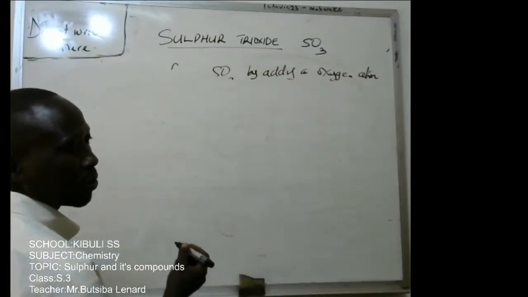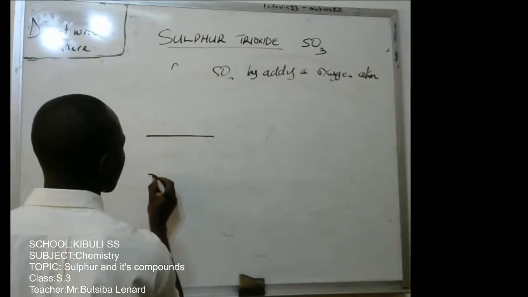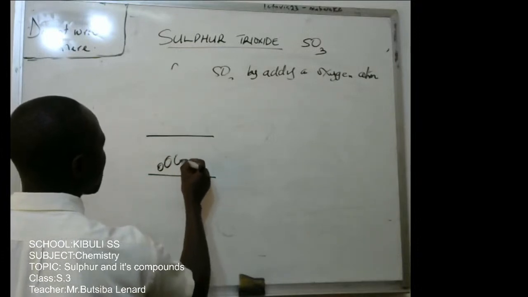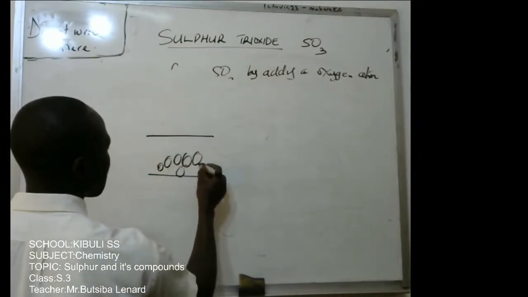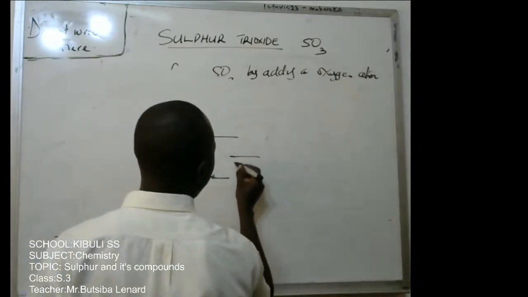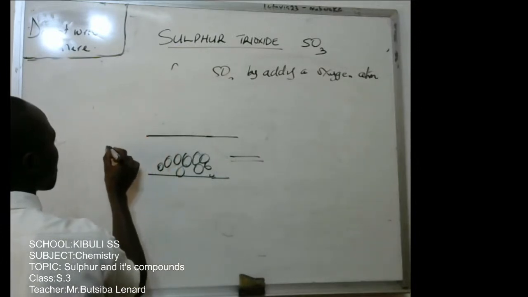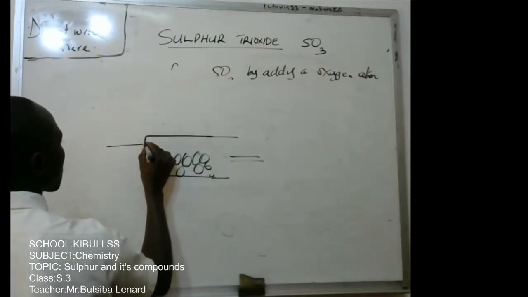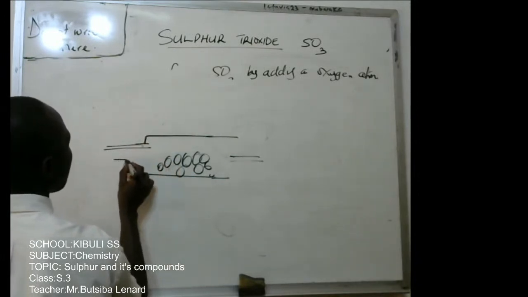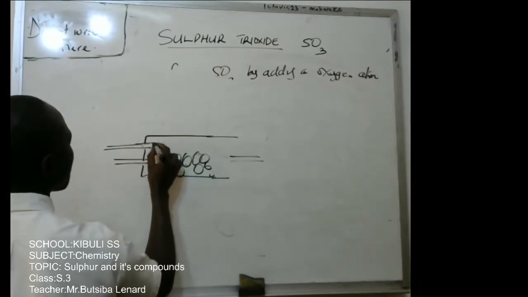So, what are we going to do? I'm thinking of a simple diagram that can make me advance my issues.